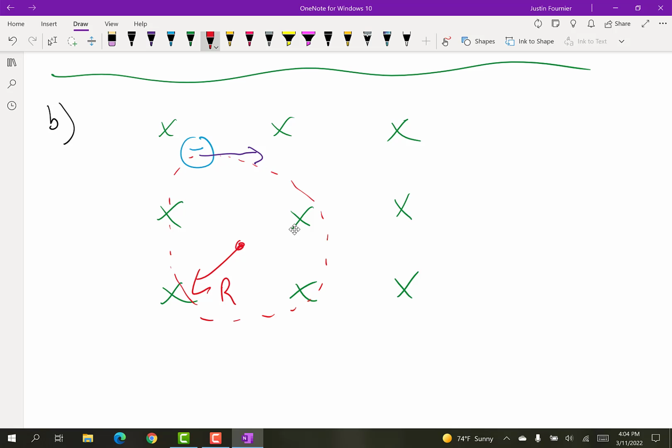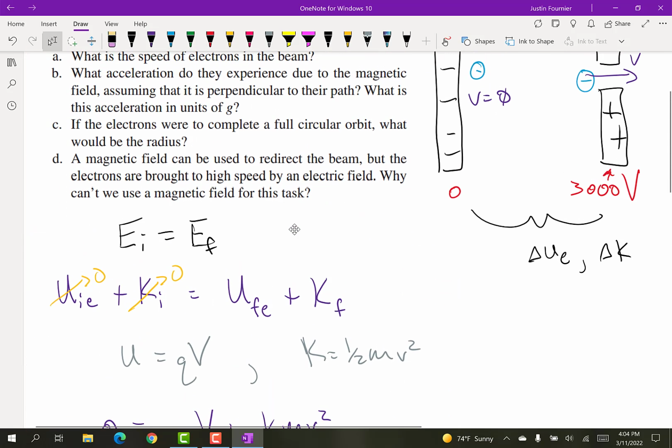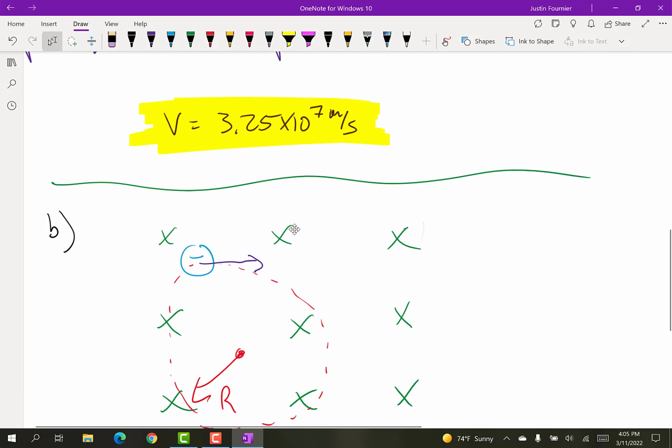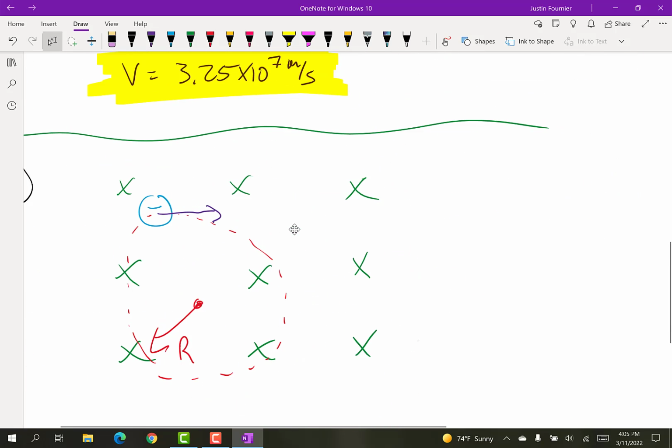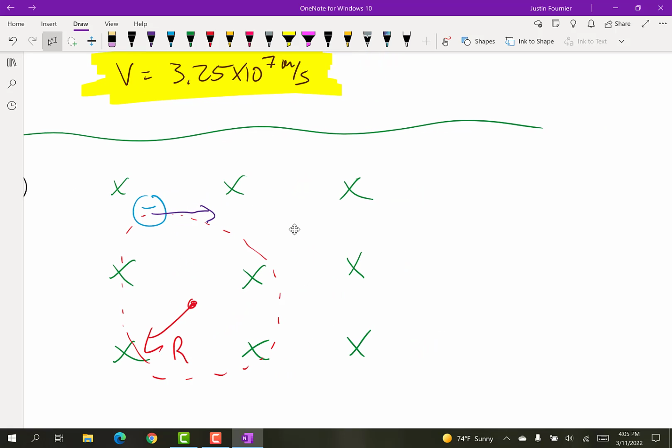And we're trying to find out the acceleration due to the magnetic field. All right. So I think what I want to do is I'm going to use F net equals ma.